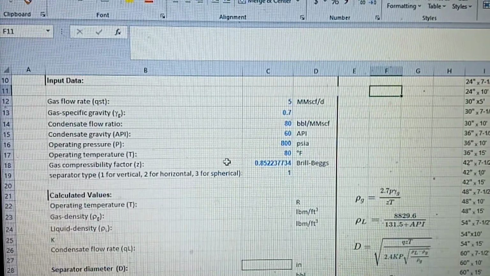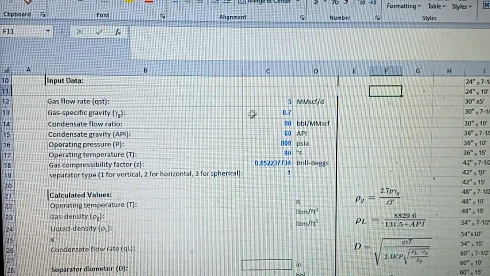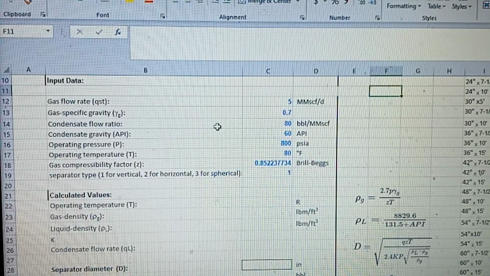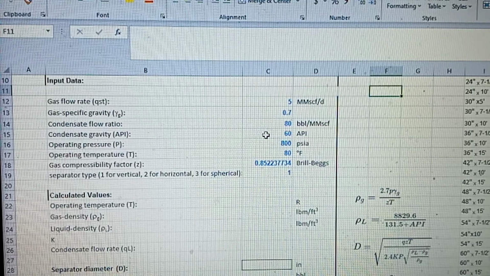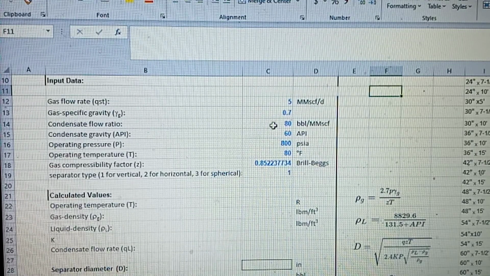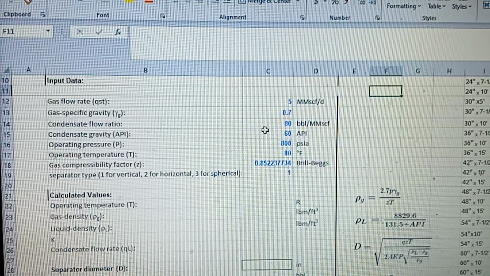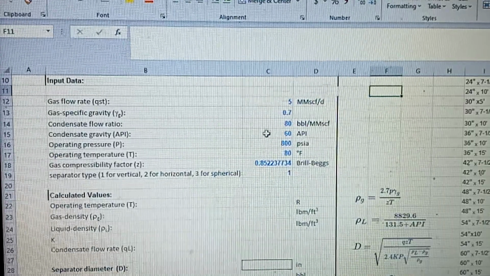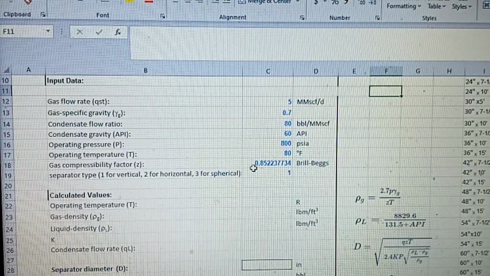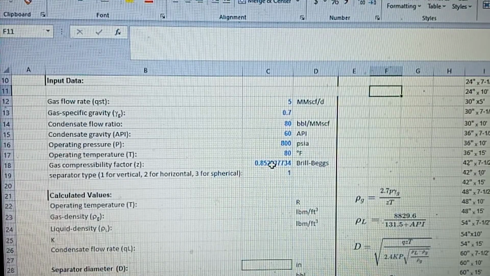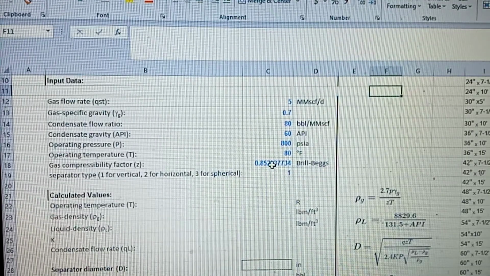Okay, so these are the given numbers. You have the gas flow rate, the specific gravity. Then we need to know the specific gravity for the condensate too, and the flow rate for the condensate. That's the capacity. Then the pressure, temperature. And here we're going to need the compressibility factor.